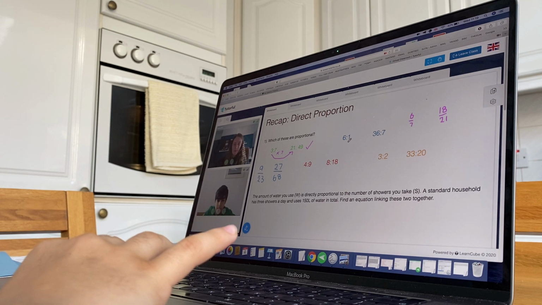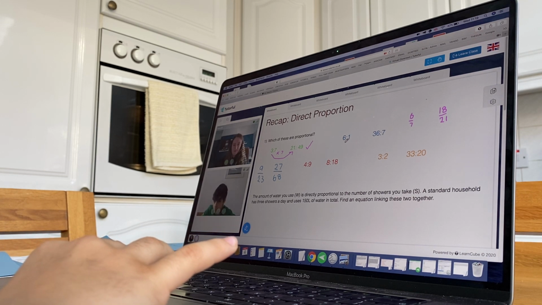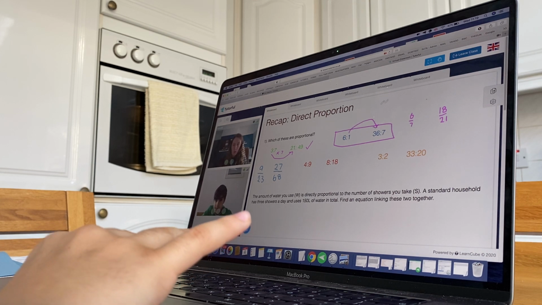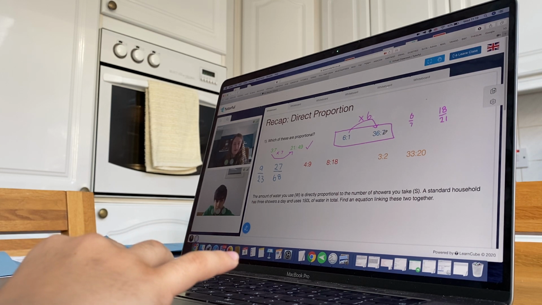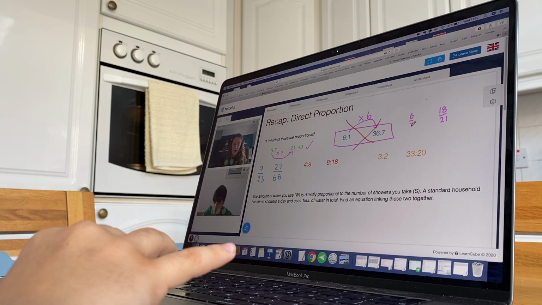What about this blue one? No. Why not? Because 6 can go into 36, but 1 times 6 can't make 7. So not that one. What about the one next to that, this pink one?